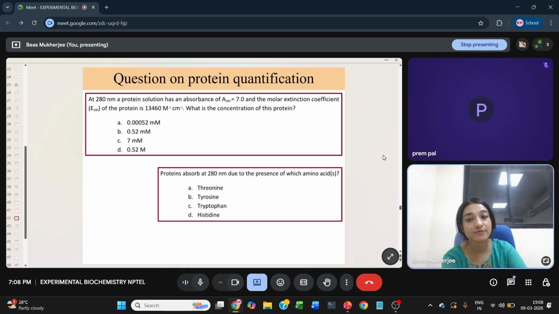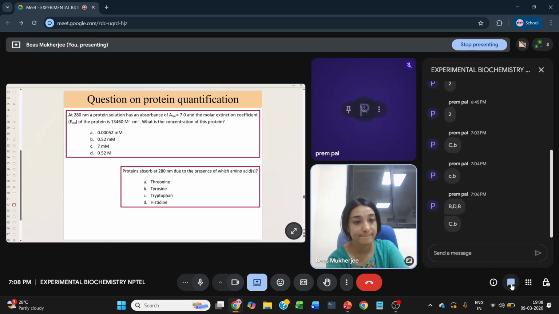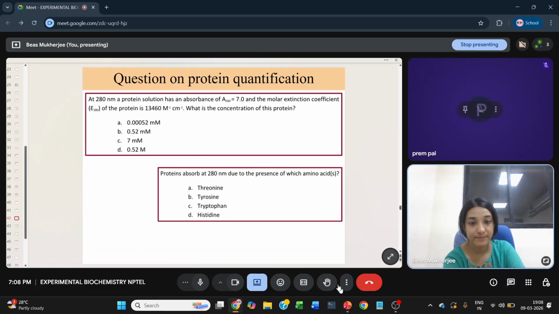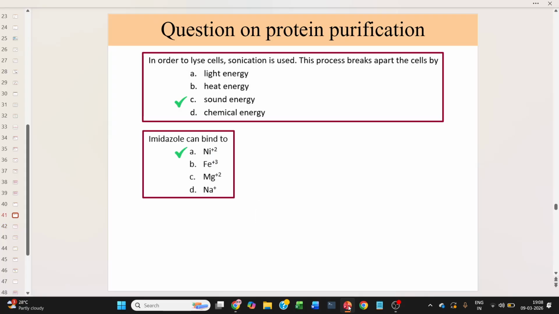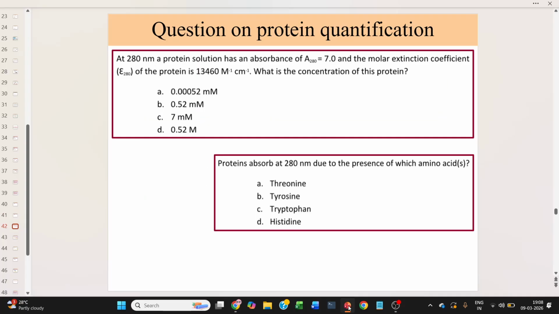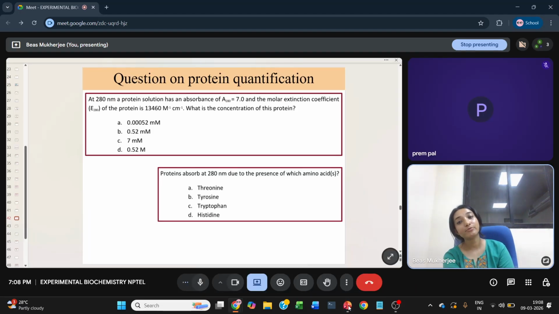And for the next one we have, protein absorbs at 280 nanometer due to the presence of which amino acid?